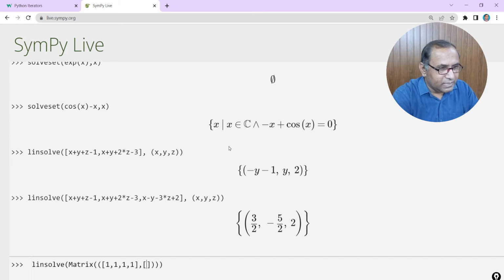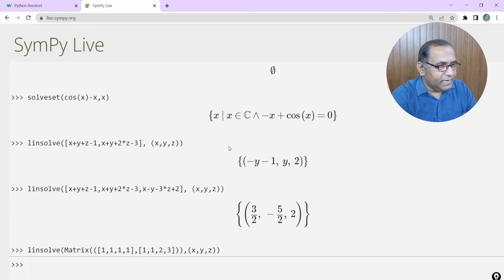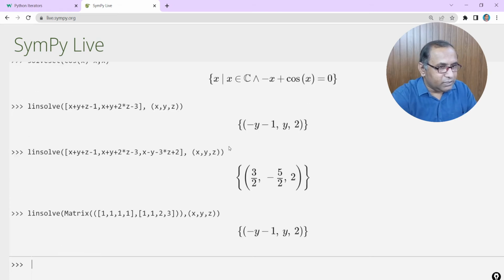The coefficient of x is 1, the coefficient of y is 1, the coefficient of z is 2, and it is equal to 3. Then we want to solve this system of equations for x, y, z. Enter, and it will return the solution, which is minus y minus 1, y and 2, same as above.